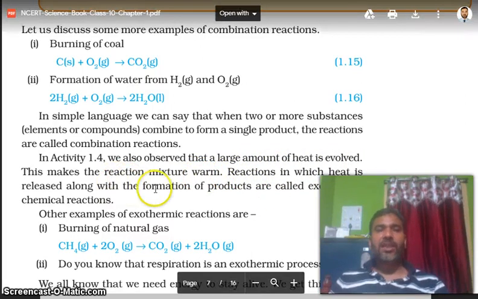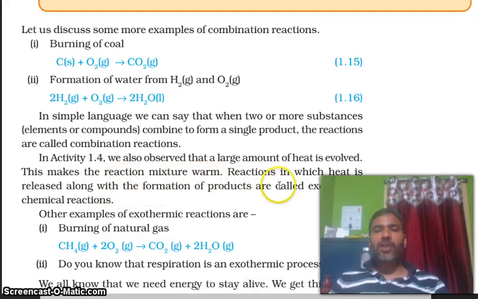This makes the reaction mixture warm. Reactions in which heat is released along with the formation of products are called exothermic reactions. If you feel heat on the wall of your beaker after the reaction, it means heat is released. We call it an exothermic chemical reaction.